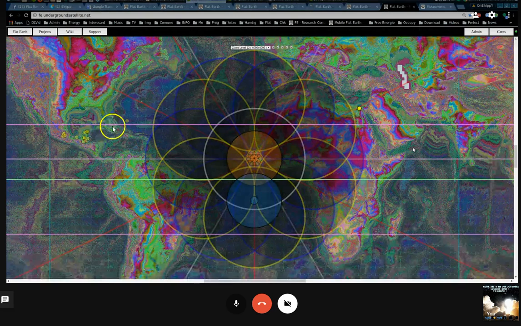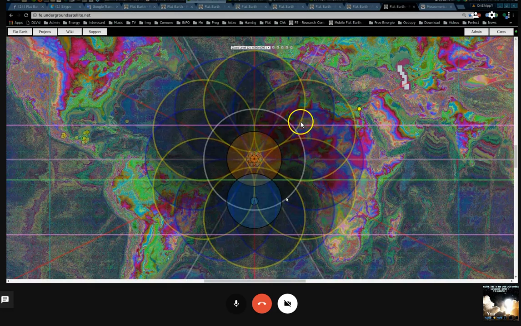So there's all the pyramids that Ceres has put in, and that one there is Giza. All close to here. There are some in Africa as well.